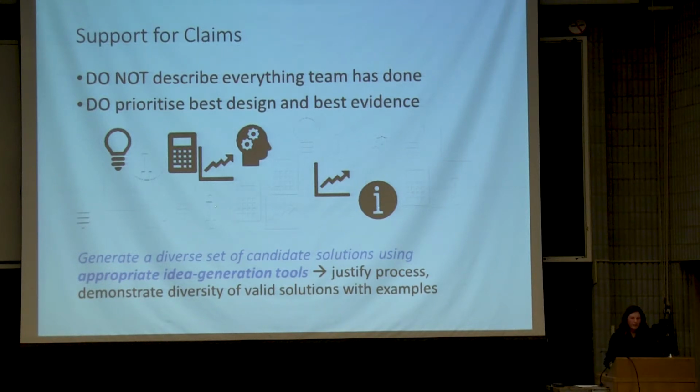So like I was saying, you do need to justify that your idea generation was a good process. And I think the best way to do that without going overboard is to just explain your process, explain briefly why you think it was a reasonable process, and then provide a few examples of the diversity of the types of solutions you came up with.